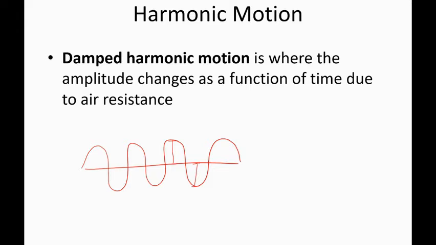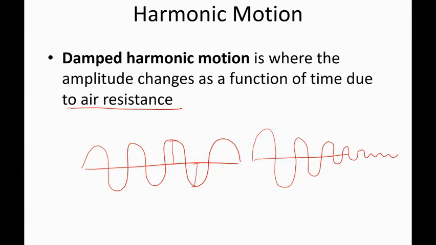Damped harmonic motion is when there is some kind of friction or air resistance. It's going to look like this, where your wave ends up fizzling out. That's because air resistance or some kind of friction causes the wave to not reach the same amplitude each time.